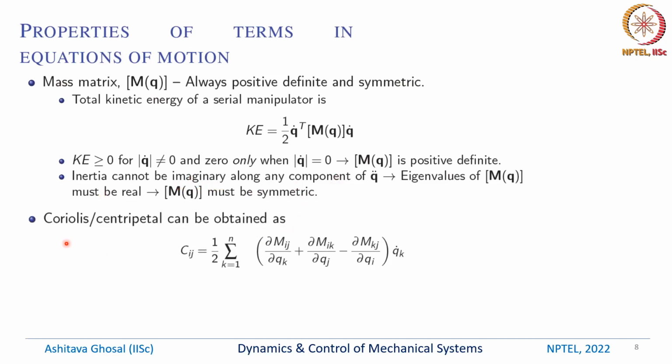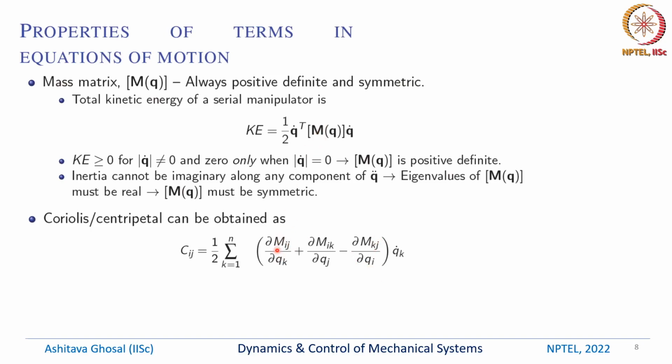The Coriolis and centripetal terms can be obtained from this mass matrix M. We take Mij and then take the partial derivative with respect to qk. Then you take Mik partial derivative with respect to qj, minus Mkj with respect to qi.